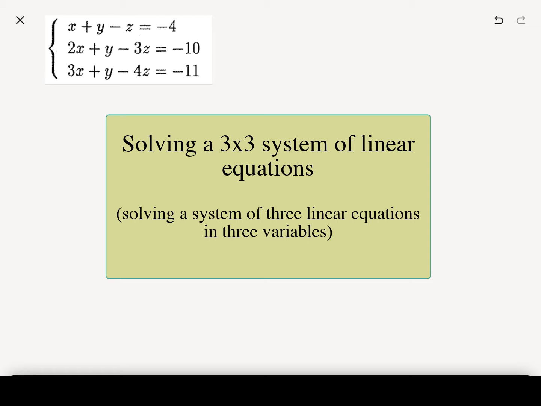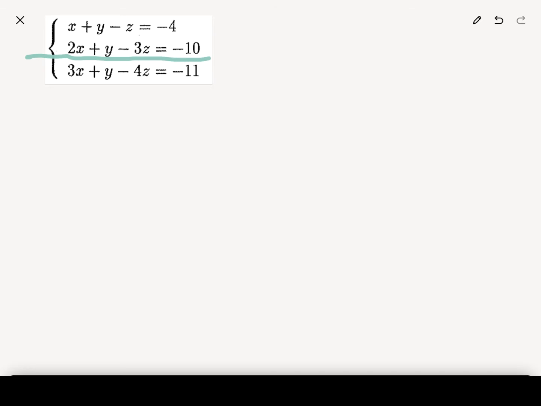I'm first of all going to choose a pair of equations, and I am going to choose a variable to eliminate for that pair of equations. So here is what I'm going to start with.